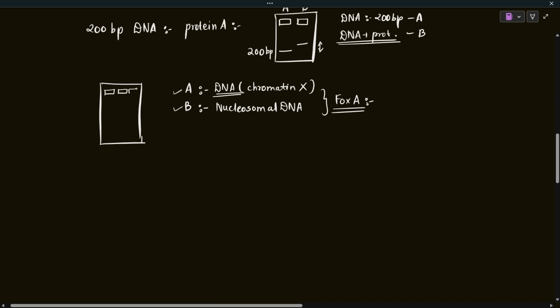Let's assume there are three wells. In well 1 we put sample X, which is only DNA, the original DNA, the same DNA that we had taken in A, but which is not incubated with FOXA. Let's assume it gives us size X. Once the normal DNA binds to FOXA, what will it do?